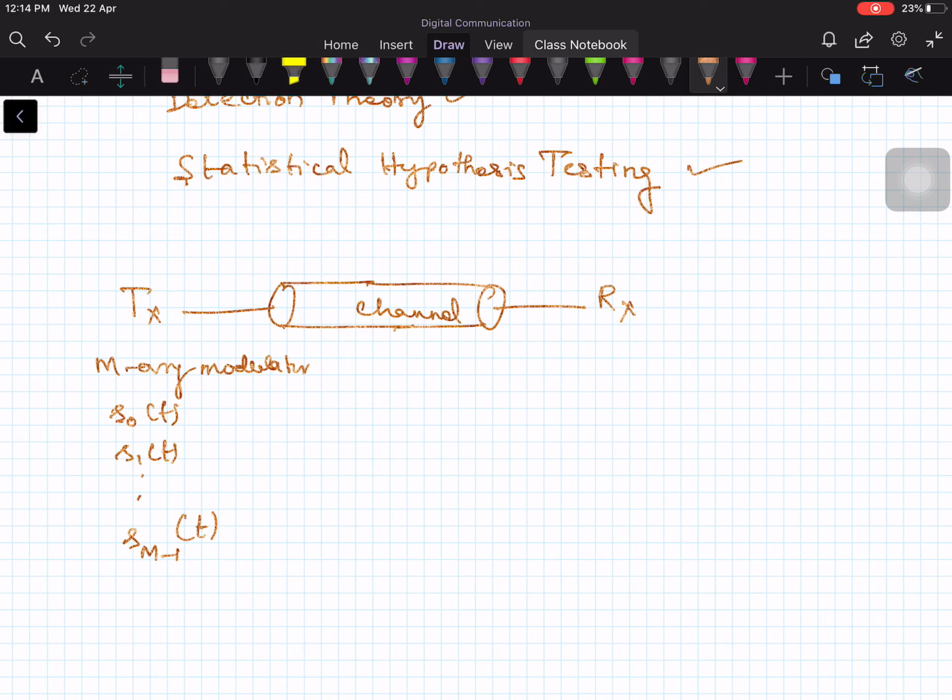You choose any one waveform and transmit it to the channel, and from the channel the receiver receives the waveform. For simplicity, let's say the noise equals 0. If noise equals 0, then the receiver receives whatever waveform you transmit.